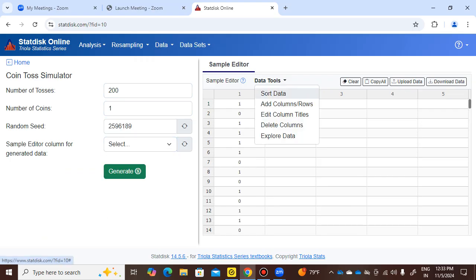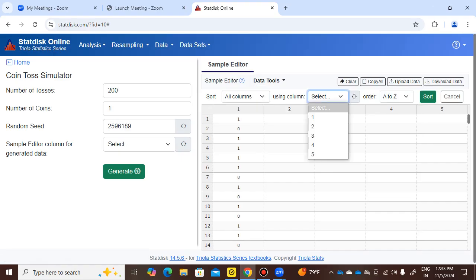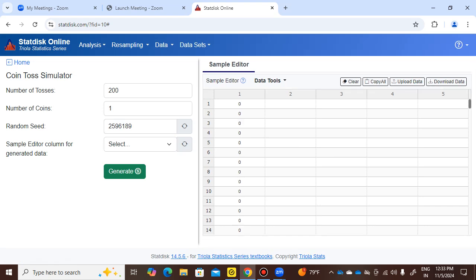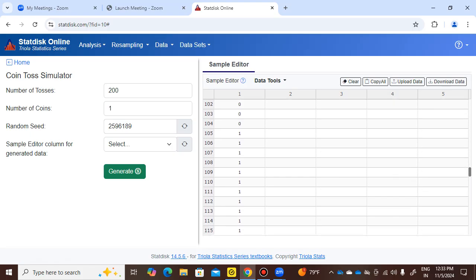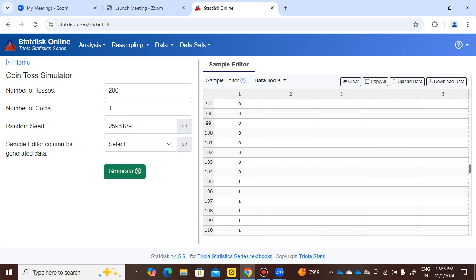And in this we could actually just sort the data to see how many come up. We're going to count the number of boys, so we're going to count 0, so we want it from A to Z, so the 0 is at the top. Then we're looking to see where it ends. So we had 104 boys.